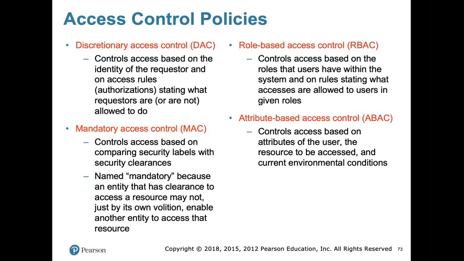It says, okay, is Alice allowed to access resource number 1, yes or no? Is Alice allowed to use resource number 2, yes or no? This is how it works. Of course, we'll see details later. I'm just giving you a high-level description of them, and we'll see their details in the rest of this lecture and our next lecture for this week. So this is what is called discretionary.